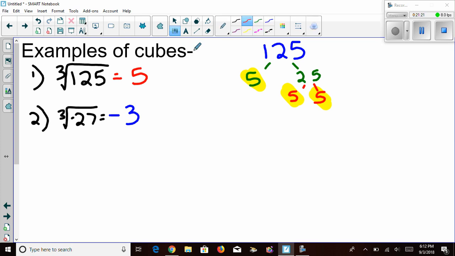Same with negative 27. Negative 27, if I want to break that down, I could first try, well, 27 is 3 times 9.